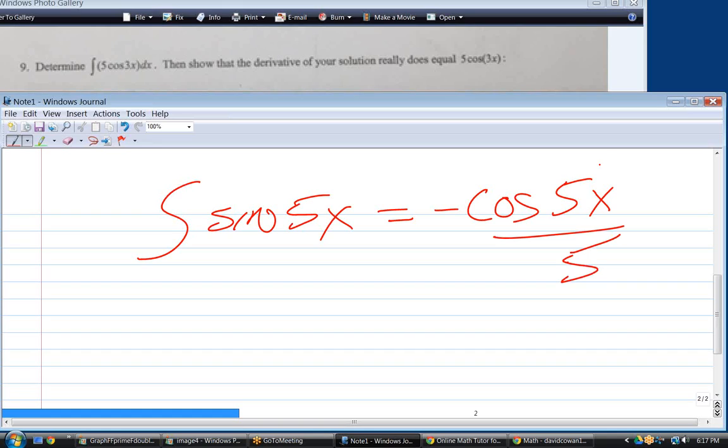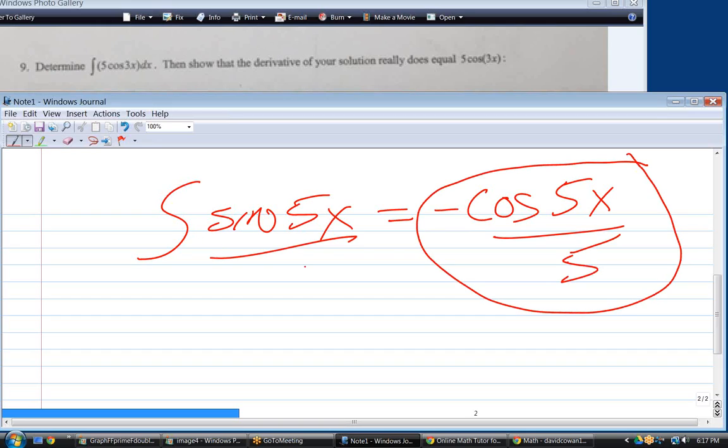Now, I know that's the right answer because if I take the derivative of that, I get that. And that's how you know you've integrated it properly, if you can then take the derivative of what you got and you get the original integral.